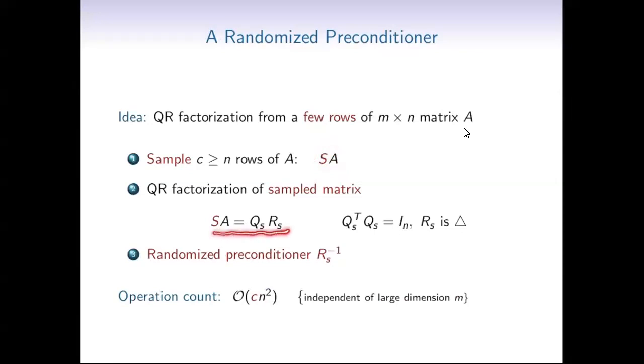We do a QR decomposition. So Q sub S, R sub S refer to the QR of the sampled matrix. This thing still has orthonormal columns, and this still is triangular. So let's use this triangular matrix as a preconditioner. And the operation count now is this matrix has only c columns down from n columns. So solving the sample problem is a lot cheaper.